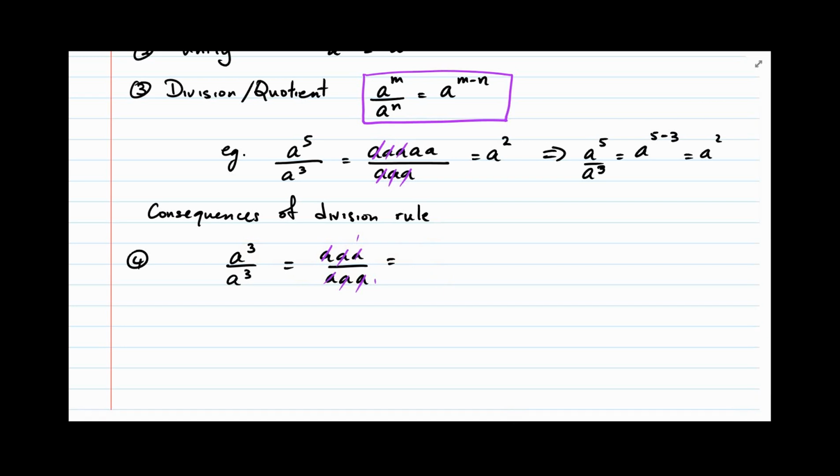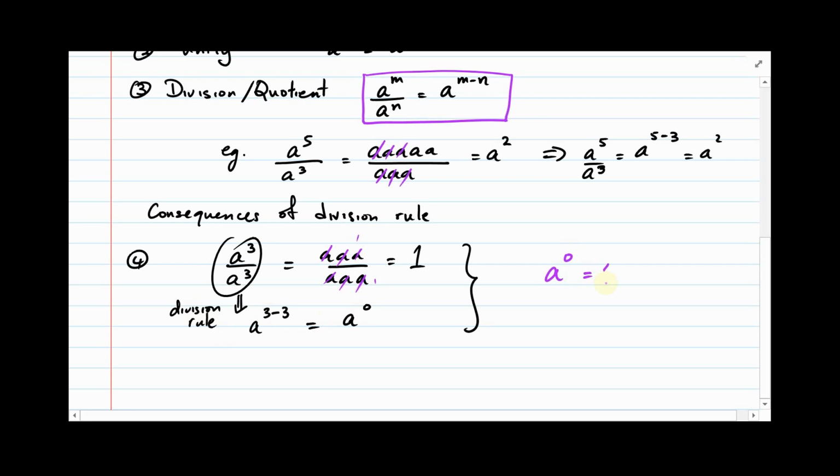However, based on my division rule, if I am dividing the same exponent, then I must subtract, but this is nothing more than a to the 0. So for some of you who keep writing new rules out there, please stop and think about it. Whenever you have a to the 0, it is 1.